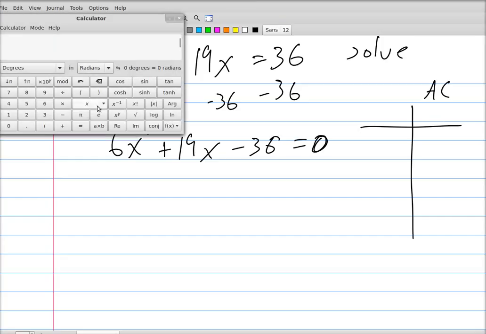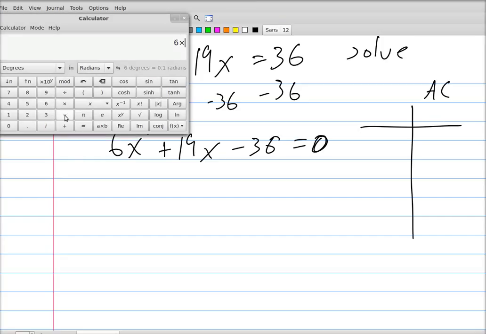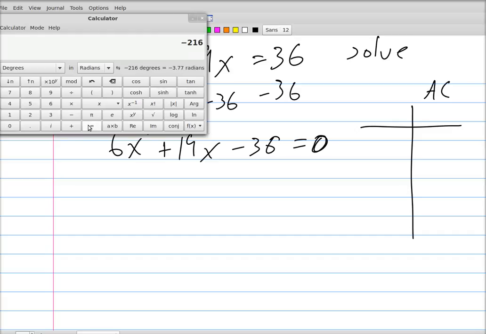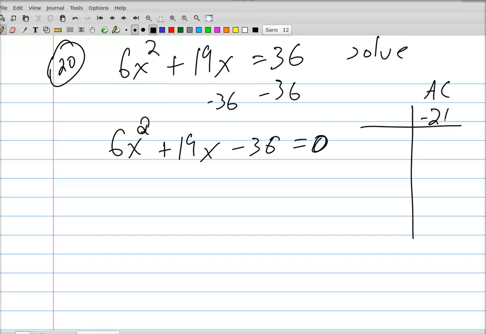I could do the arithmetic by hand if I want, but I don't want to, so I'm going to use a calculator. And my AC, as it turns out, is negative 216. My B term is here in the middle, and that's positive 19. So I need two things that multiply to be negative 216, and the same two things add to equal 19.